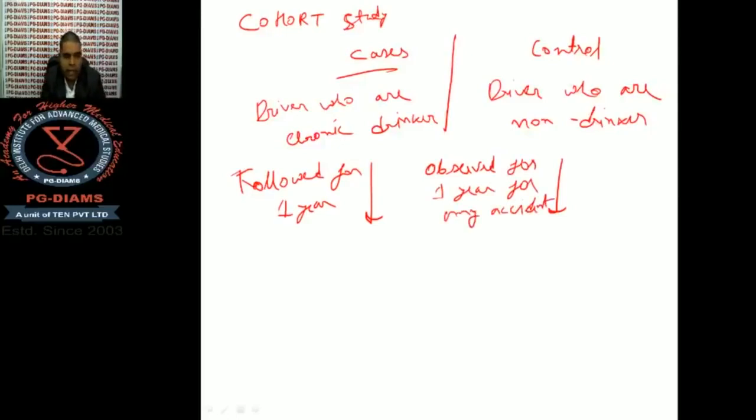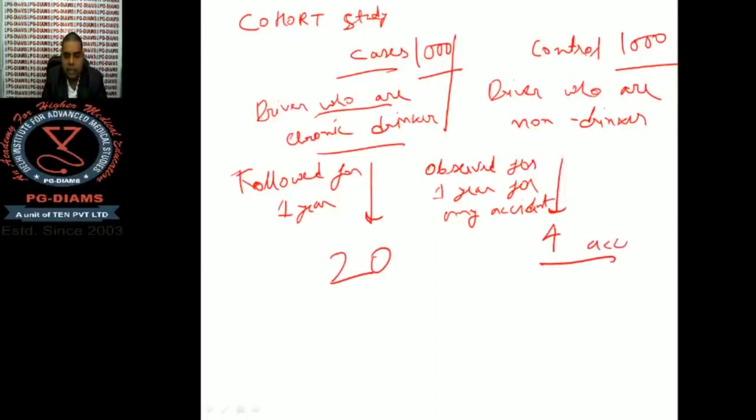You took both cases and controls as equal, so 1000 cases and 1000 controls. Among those who are chronic drinkers, suppose 20 underwent an accident, and among the controls, only 4 accidents happened. So in this, we followed for 1 year.